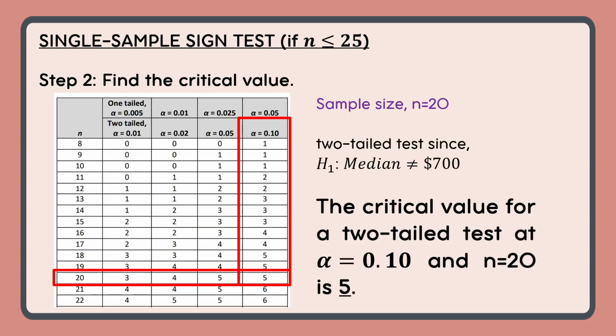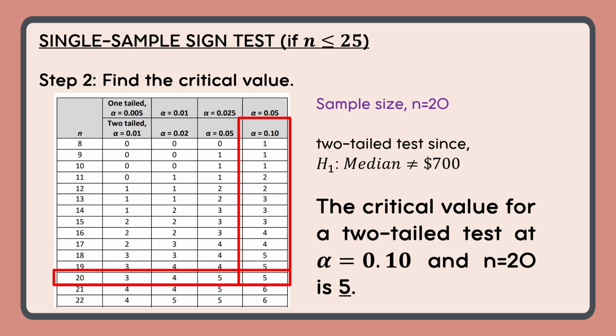After this, we are going to find the critical value using the critical value table for the sign test. First, we have to locate the sample size. Our sample size is 20. Then let us locate our alpha level, which is 0.10.